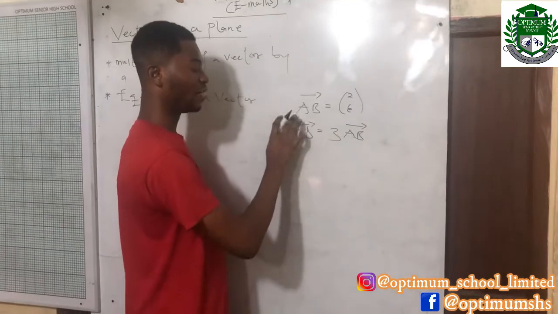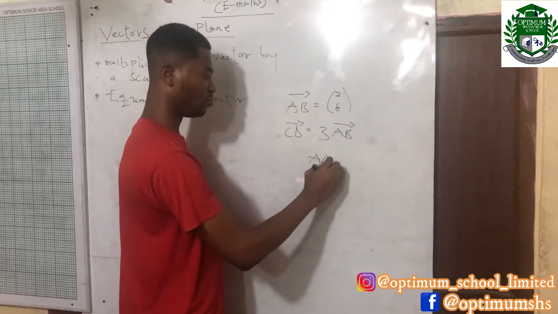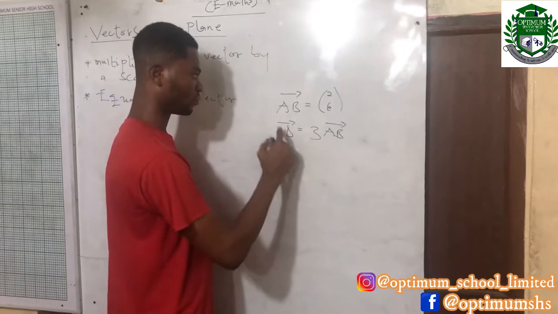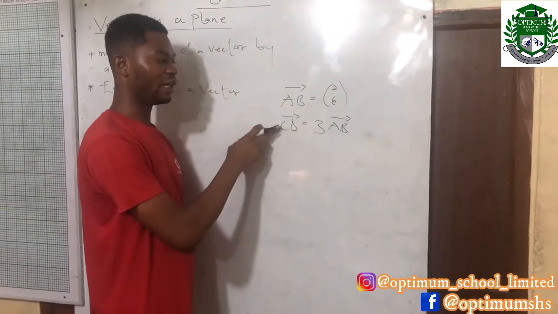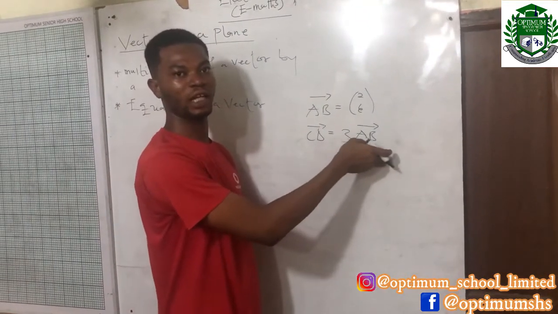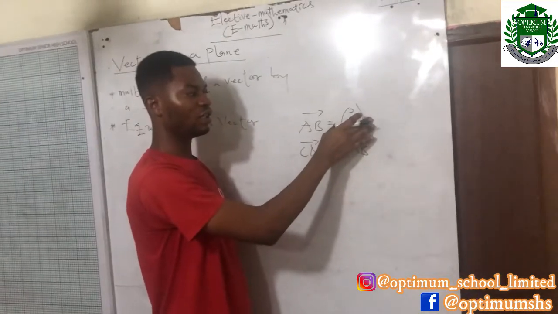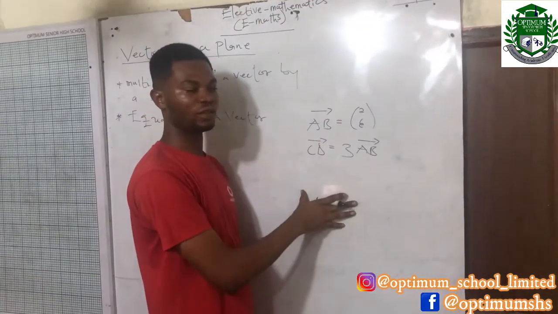So assuming I have a vector, let's say AB, okay, let's say this AB, and let's say this CD. CD here is thrice AB. So you can see that CD and AB, their magnitude is going to change.